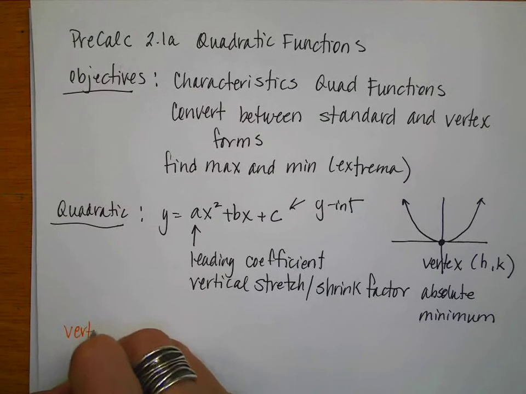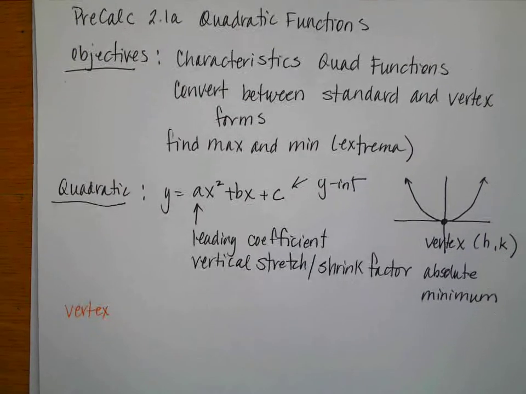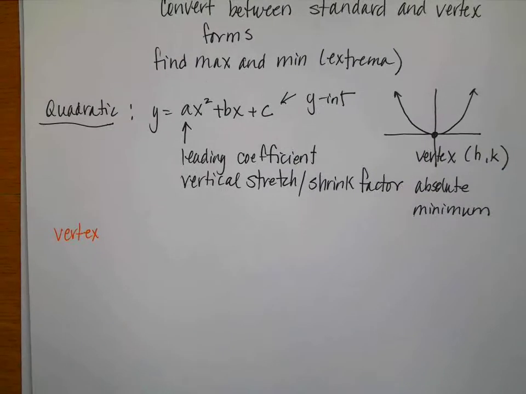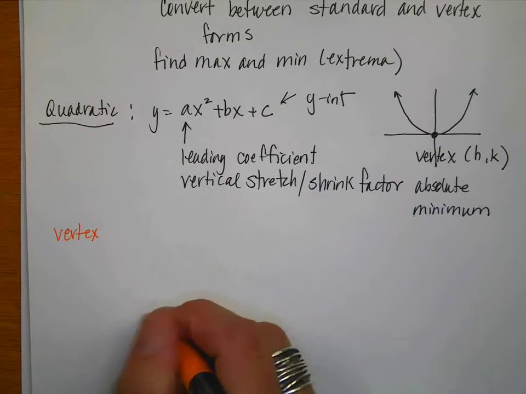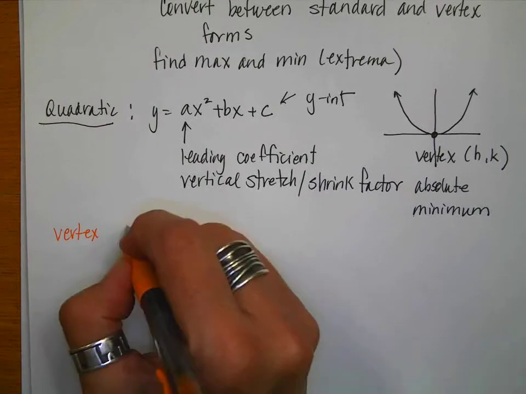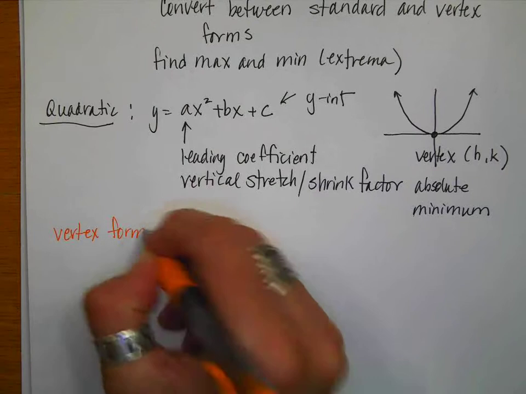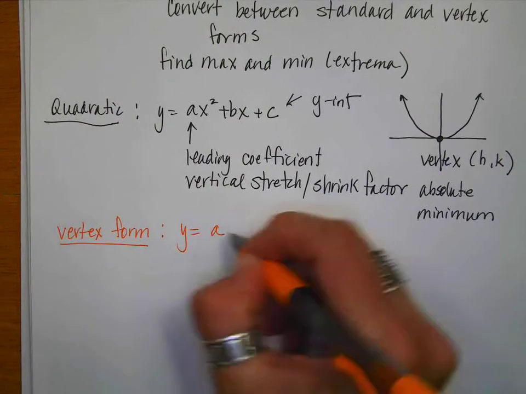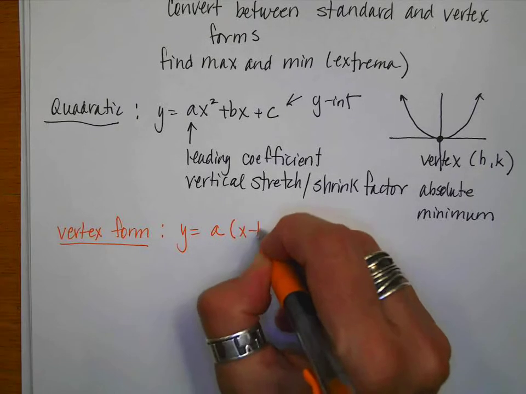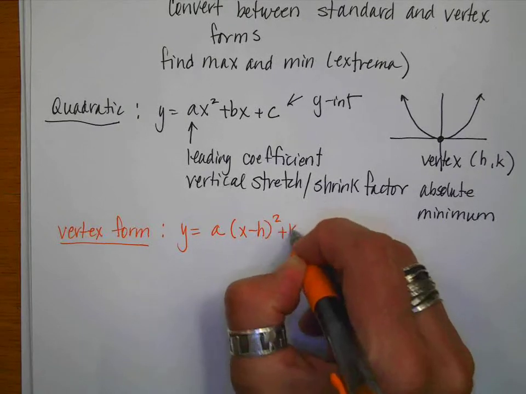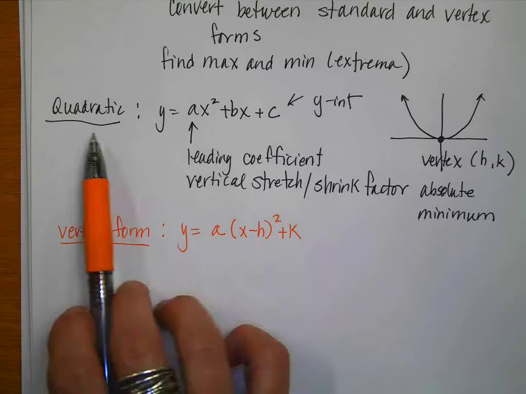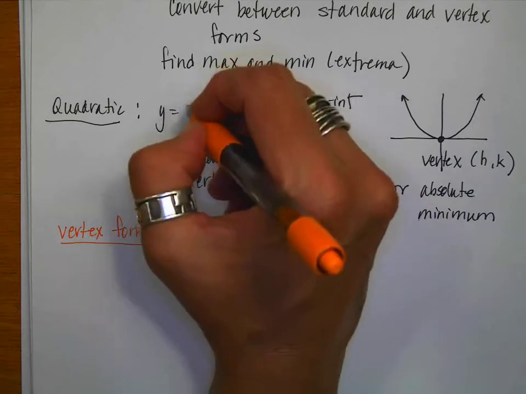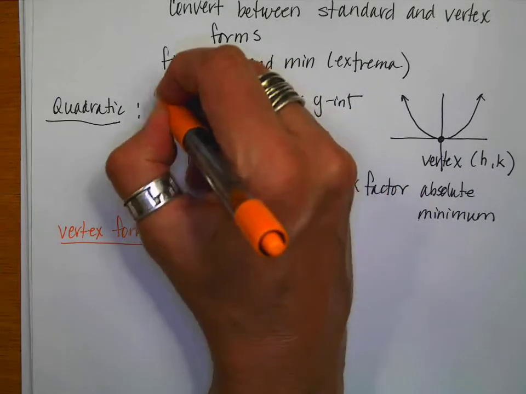Alrighty. There's several different forms of an equation when we talk about parabolas. My verbiage is a little bit different than the books, but having used many PreCalc books over the years, this is going to be the verbiage that we're going to use. Vertex form is going to be y is equal to a times (x minus h) quantity squared plus k. Notice that the previous form is called general form.